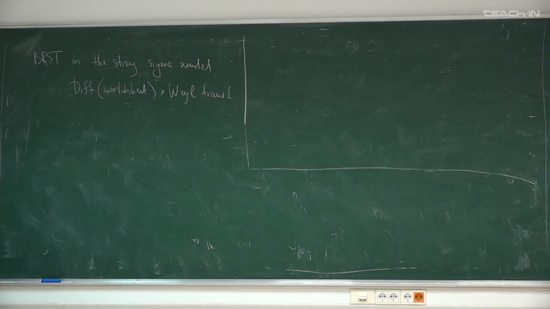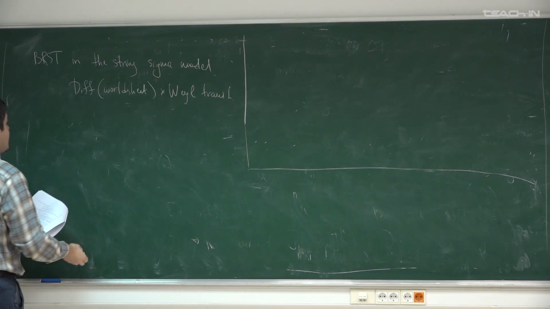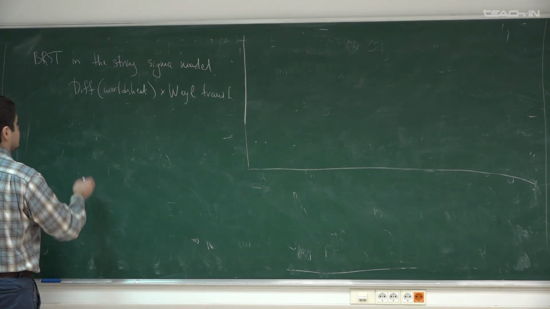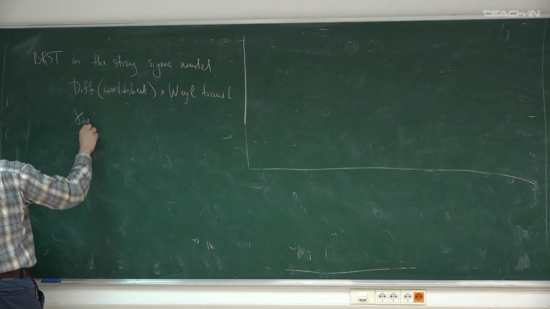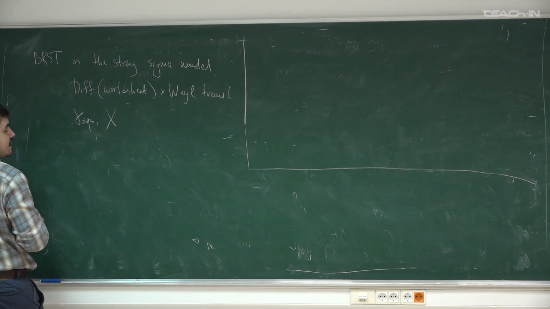Based on the parallel with what we just discussed, what are the original fields of our model? The original fields of our model are the metric and the X fields.